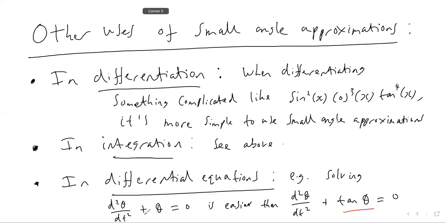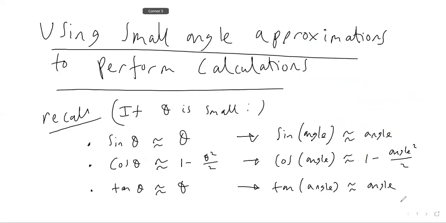It's much easier in maths to solve an equation like that than an equation like that. So sometimes you just assume that theta is a small angle, so you can solve the equation more easily. That's a summary of how you can use small angles to do calculations, to work out fractions, and also, when we do differentiation and integration, to differentiate and integrate functions easily compared with more complicated examples.